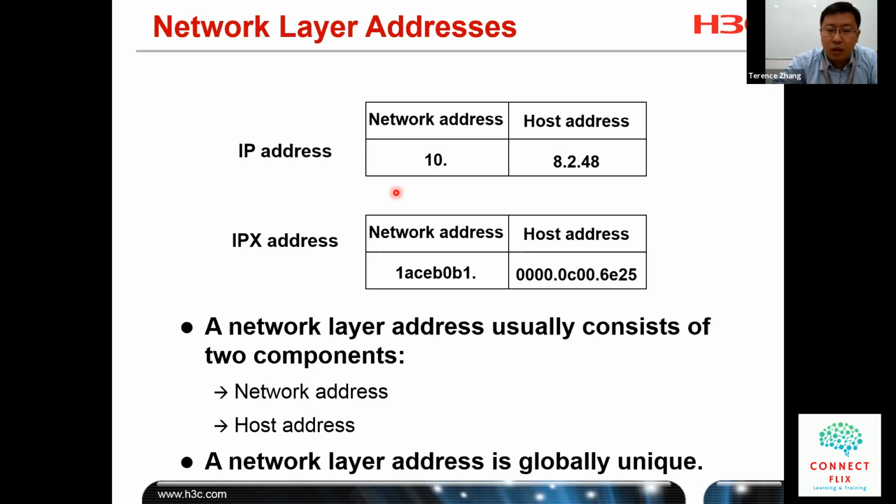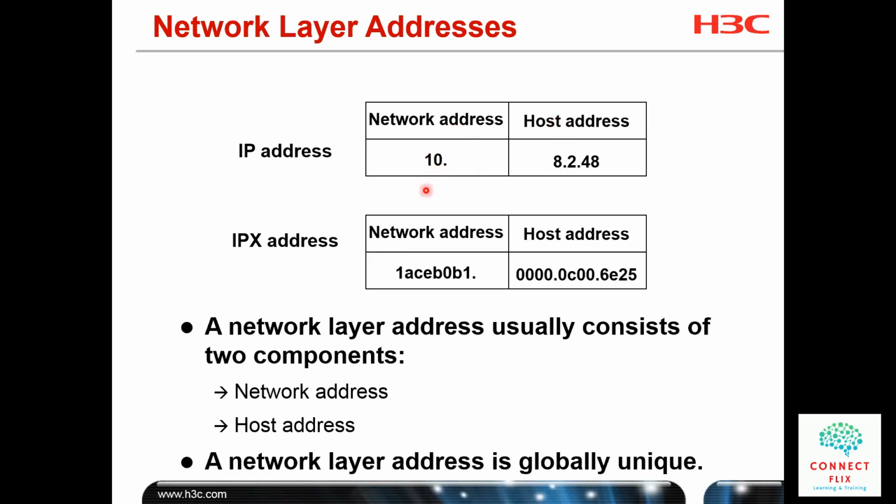And no matter which one, IP or IPX, they share the same structure. This address is divided into a network address and a host address, right? Network part, host part. One part indicates the network this address exists in, and one part shows the precise location that this node or this host exists in this network.